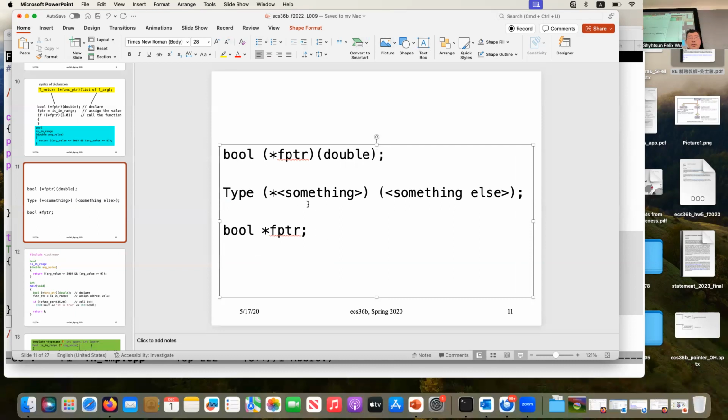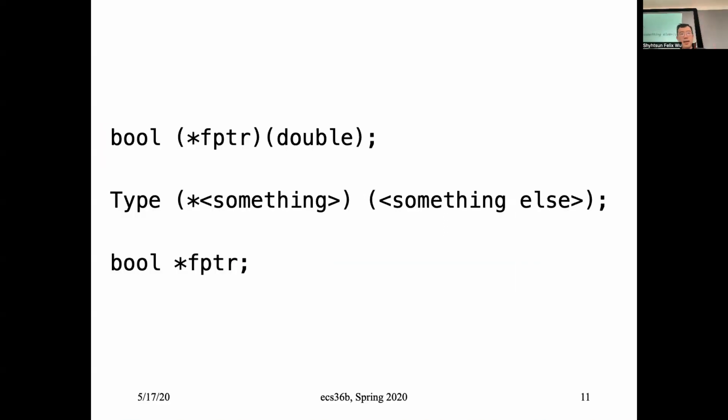Okay, if you see this, these two are essentially equivalent. The first line is real C code. The second line is my interpretation of what's going on. So bool is the type. That something is called FPTR, and that double is essentially something else.